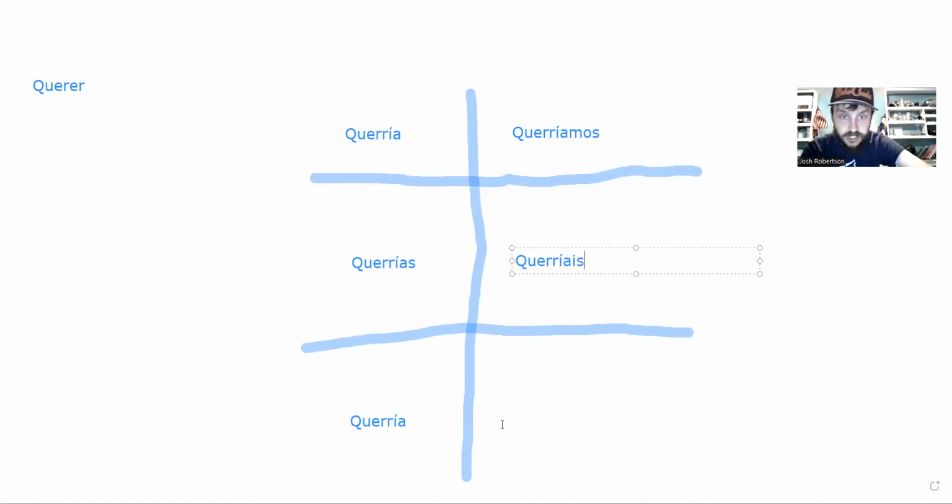And finally, in the ellos y ustedes form, it is going to be in the present indicative, quieren, right? Quieran in the present subjunctive, right?